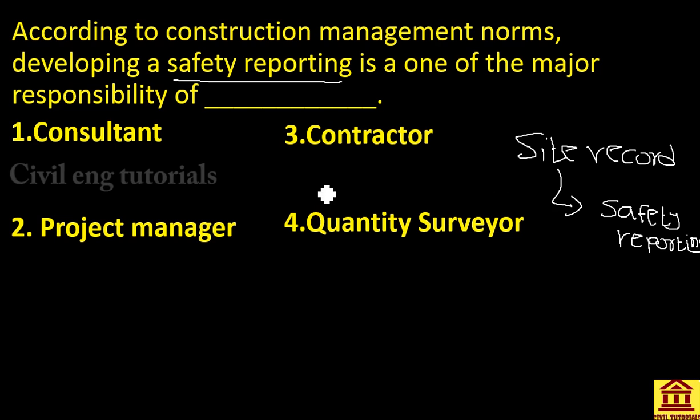According to the norms, this is the work of the contractor. The contractor has to assign a role or a person to write the safety reports. This is the main responsibility of the contractor. There are some contradictions at many sites, but according to the norms, this is the main work of the contractor.